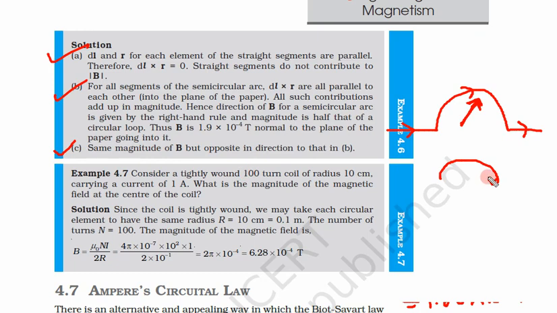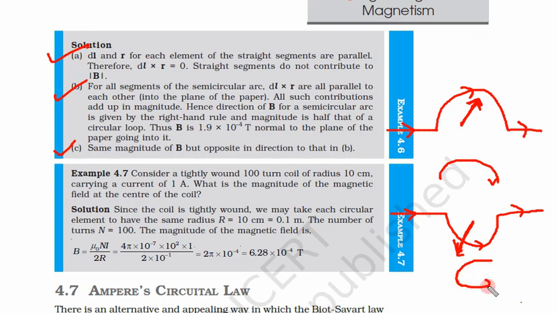Now for the third part, the only thing is that the direction of the current is changed. Now the direction of the finger is in this direction. So what would happen? The direction of this magnetic field is coming out of the paper.